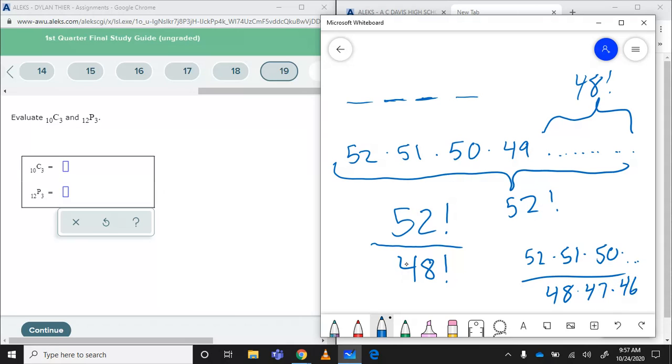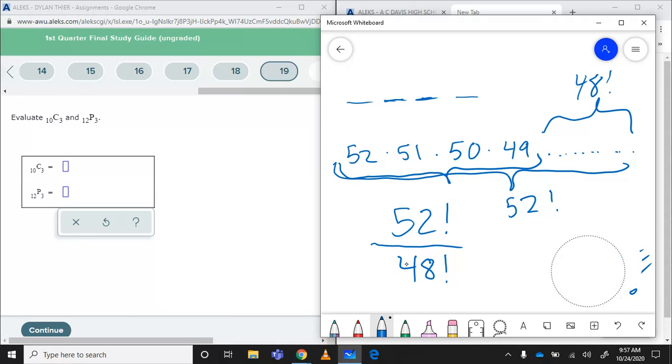And the factors on the top and the bottom cancel out. So we end up with just the chunk that we wanted, 52, 51, 50, and 49.